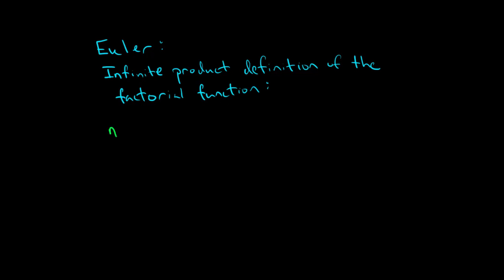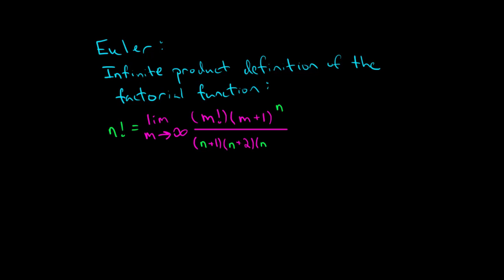Namely, Euler found that n factorial can be shown to equal the limit as m approaches infinity of m factorial times m plus 1 to the power of n, all over n plus 1 times n plus 2 times n plus 3, dot, dot, dot, all the way up to n plus m, which I'll write out here.